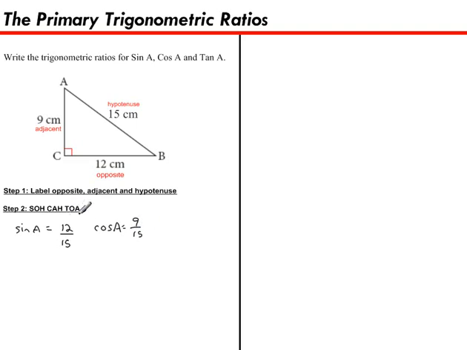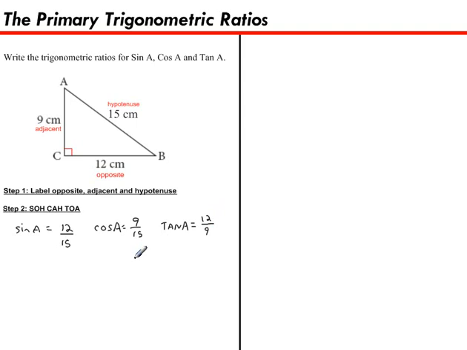Tan is opposite over adjacent. Tan A is equal to, opposite is 12, and adjacent is 9. These are our three trigonometric ratios for this triangle.